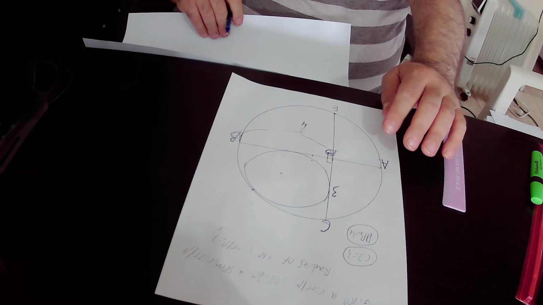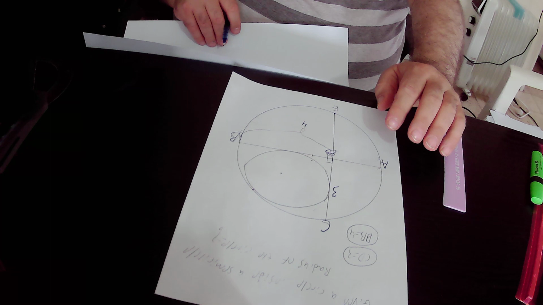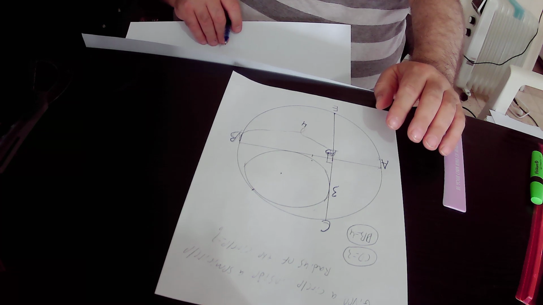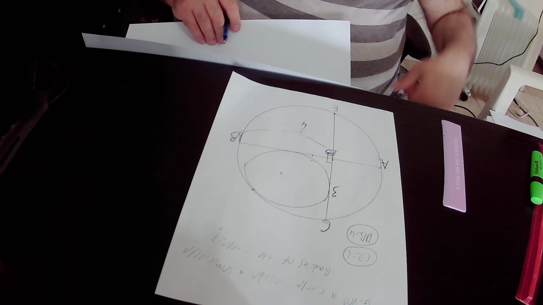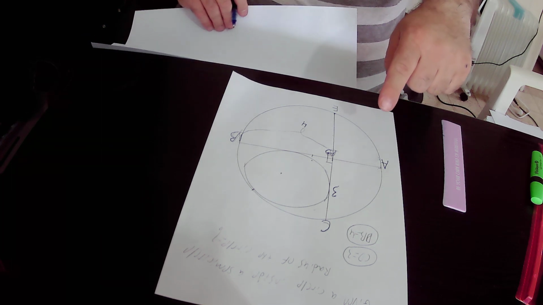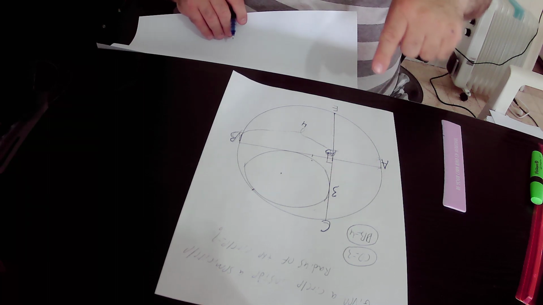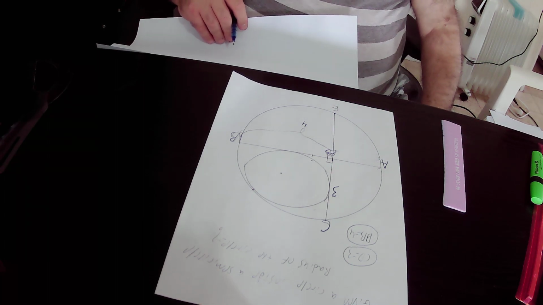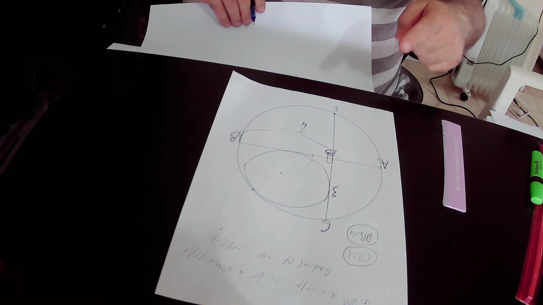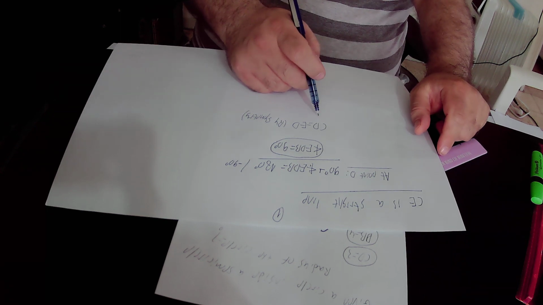Okay? When you look at yourself in the mirror, you see yourself exactly in the same dimension as you are in reality, but in the opposite direction. And the same thing is true here, that ED is the mirror image of CD, but in the opposite direction. Therefore, CD equals DE, because ED is the mirror image of CD.